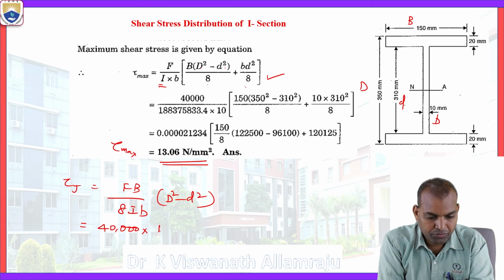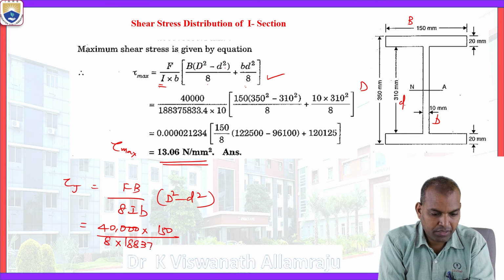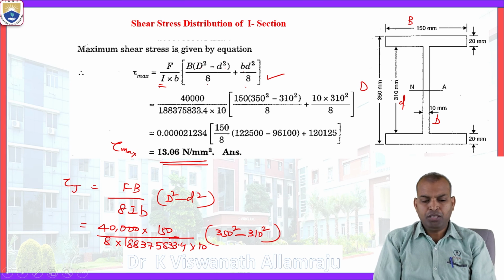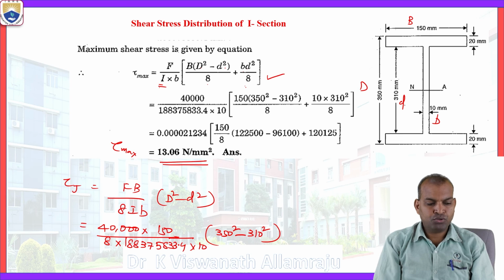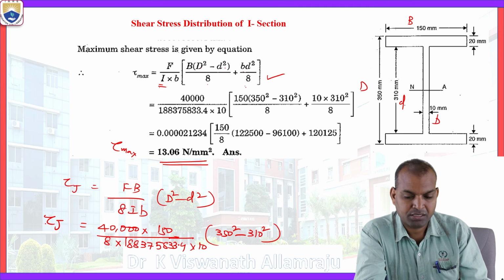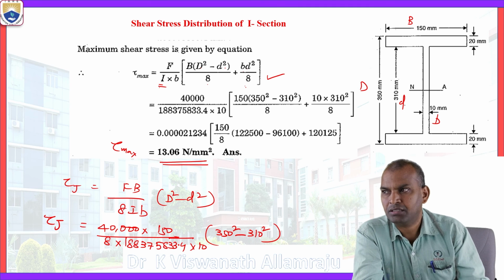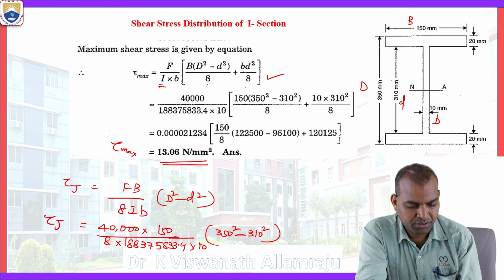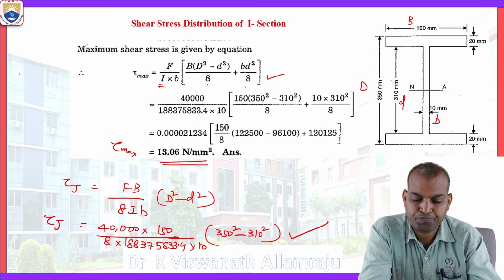Capital B value 150. 8 times I, 188375833.4. What is the b value? 10. Capital D 350 square minus small d 310 square. So after substituting these values, we can calculate the variation of the shear stress at the junction. This value gives the junction value.